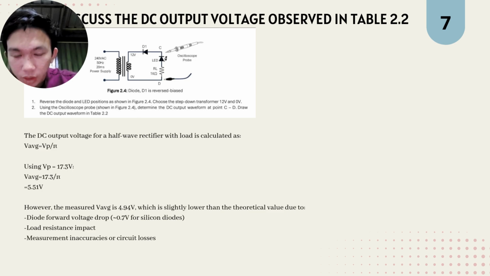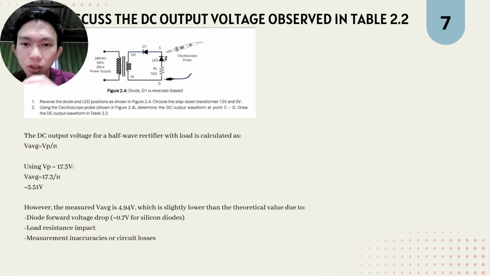So in this part, you need to reverse the diode, which means you change it from positive to negative, and then the negative side of the diode goes to the positive of the power supply.